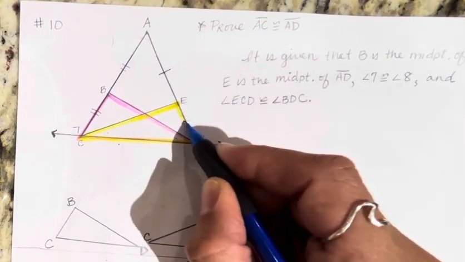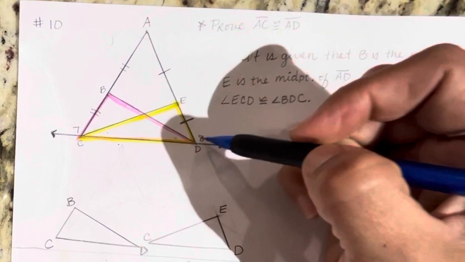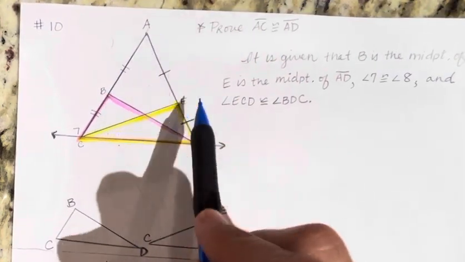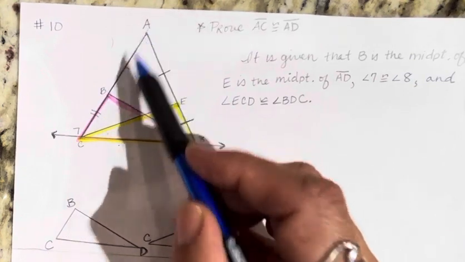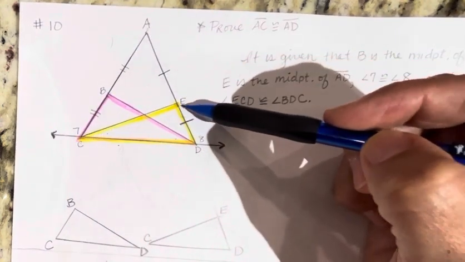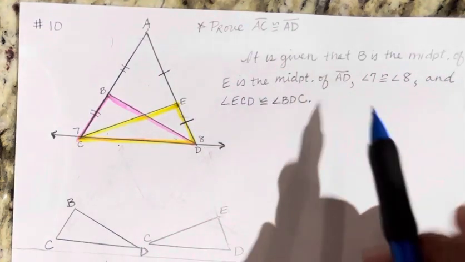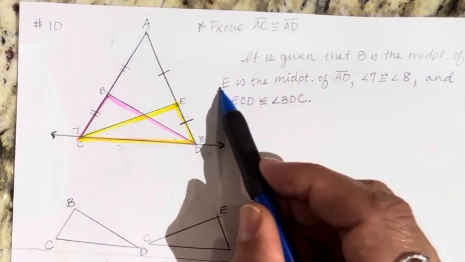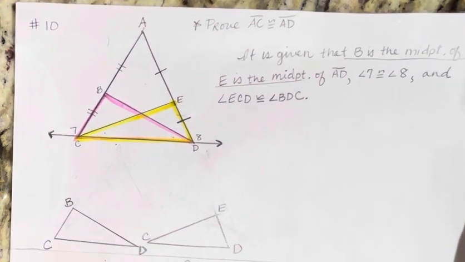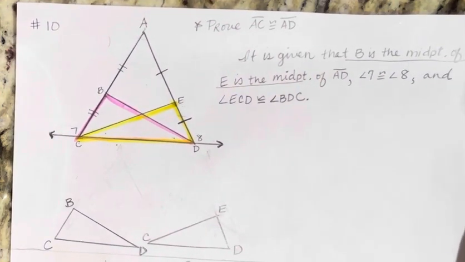Now I'm going to change the type of tick mark because I don't know that AB is congruent to AE. All I know is that AB is congruent to BC and AE is congruent to ED. And that's because we have these statements in the given. So that's what I'm going to write next.